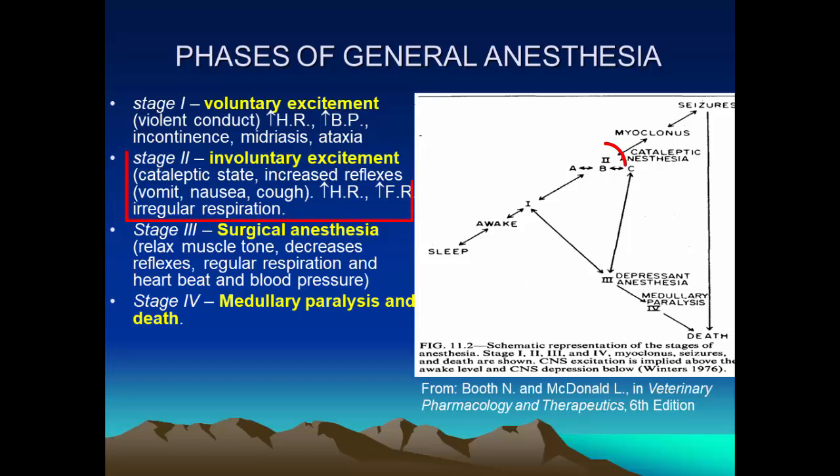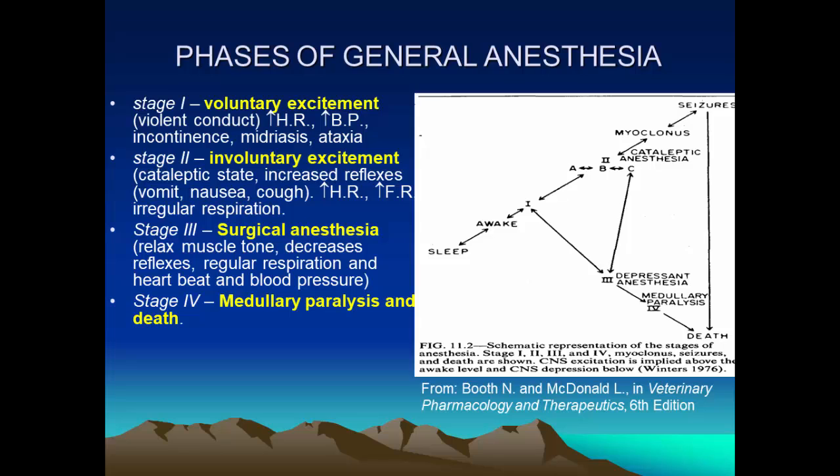In this second phase, all the reflexes become increased. The animal will also react to any type of stimulus in a very exaggerated manner with uncoordinated muscle movements. So as you can imagine, these 2 hyperexcitable stages are not very desirable and should be minimized or avoided as much as possible.